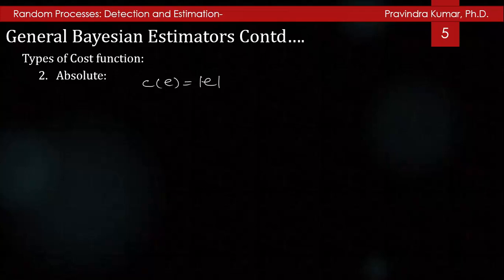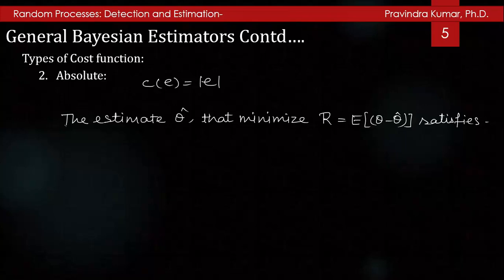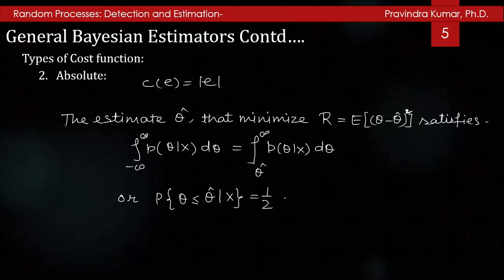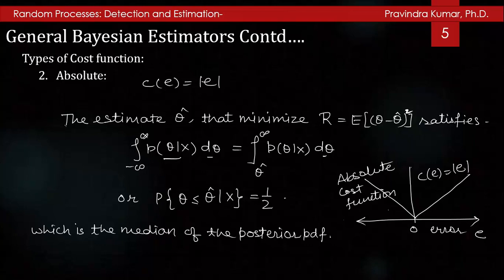The estimate theta cap that minimizes the Bayesian risk satisfies the integration from minus infinity to theta cap of the conditional PDF p(theta given x) d theta equal to the integration from theta cap to infinity of p(theta given x) d theta, or you can say the probability of theta less than or equal to theta cap given x is 1 by 2, which is the median of the posteriori PDF.